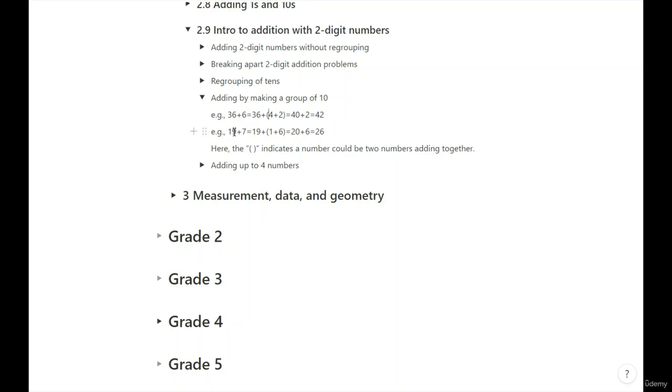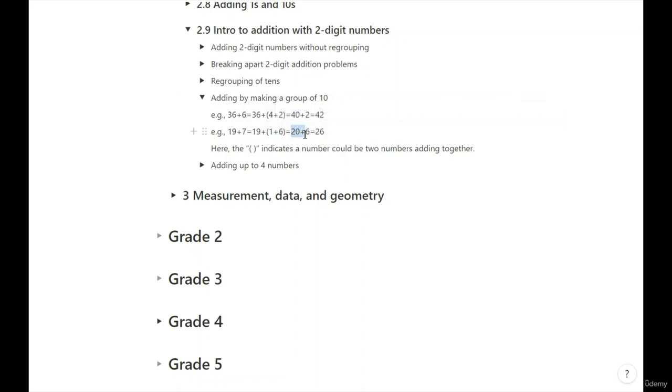Another example is 19 plus 7. We can divide this 7 into 1 plus 6. And then we can add 19 with 1 first to get 20. Then we will add 6 after that.